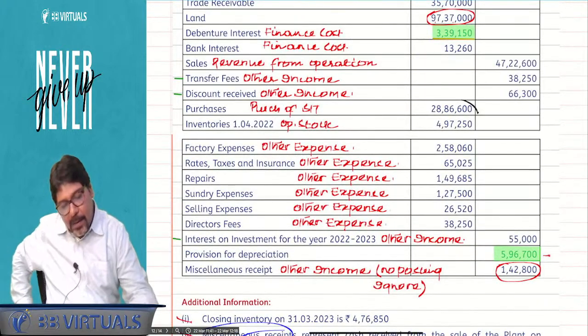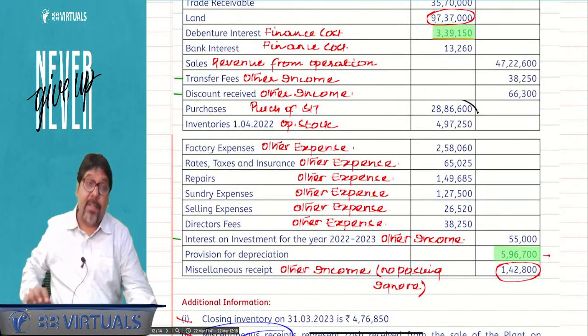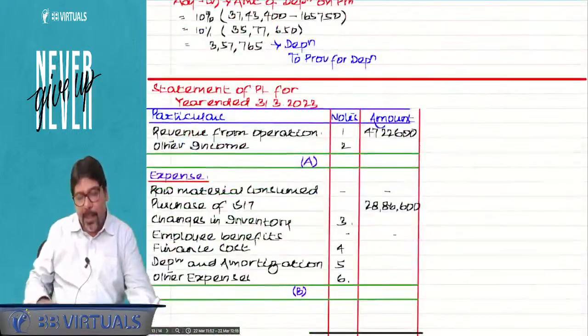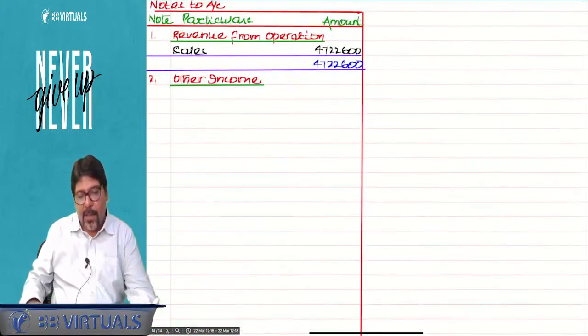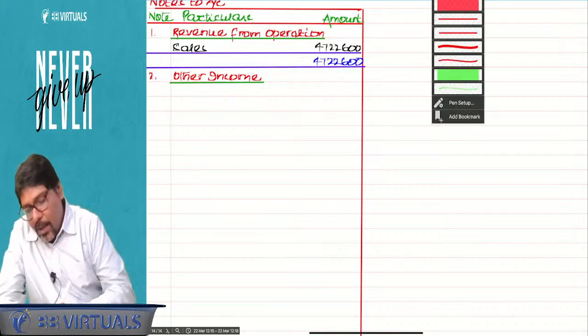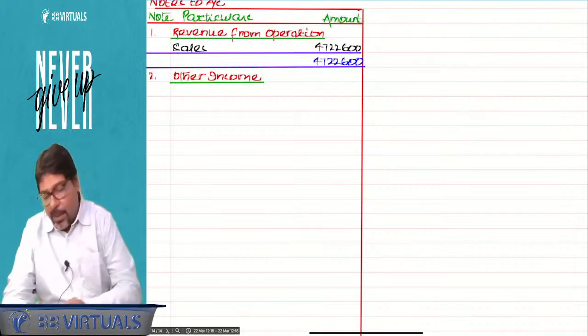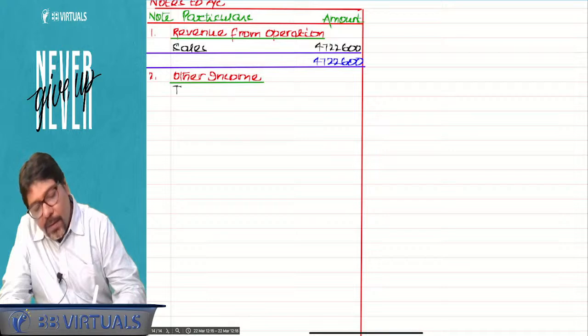Then interest received, and then profit on sale of plant. Correct. So we will start with transfer fees. How much is transfer fees?